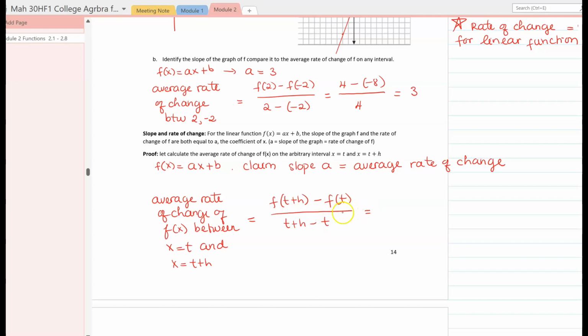So for f(t + h), we will replace x by t + h in the equation. Expand and combine like terms.